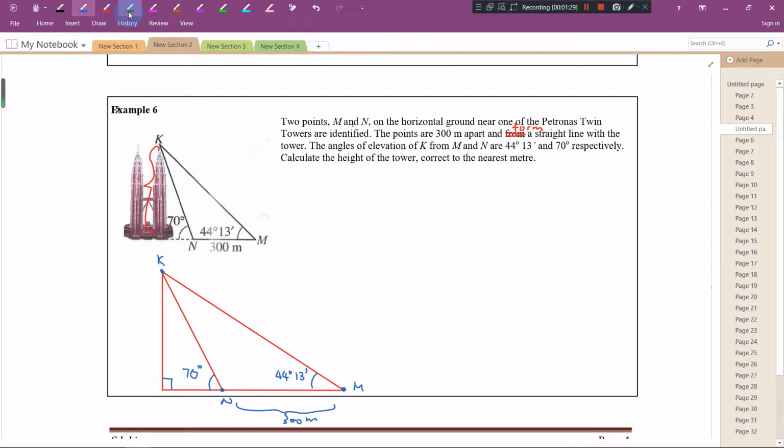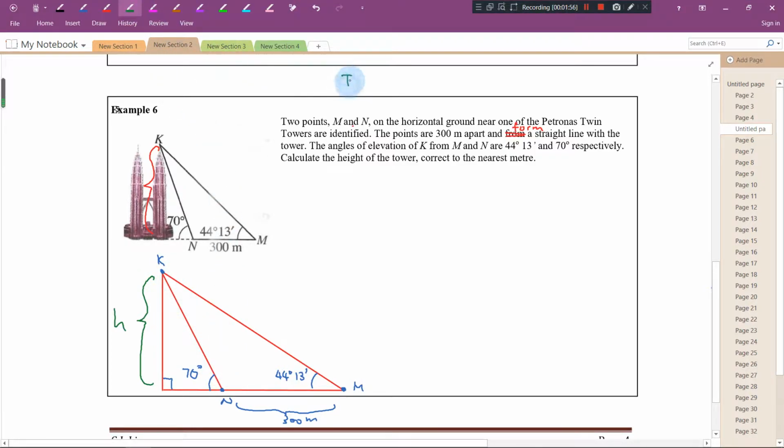If I'm looking for the height, which is here, I know that if I can find the length here or here, I can use trigonometry to get the height. For example, if I can get the length of KN, I can use sine.